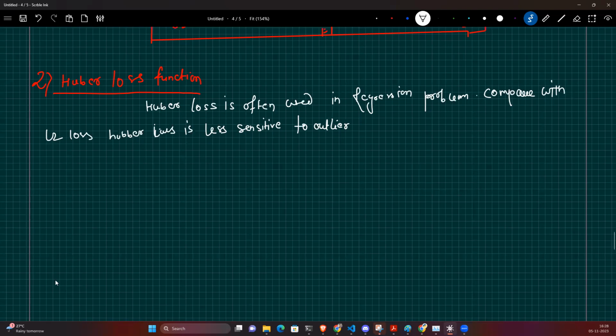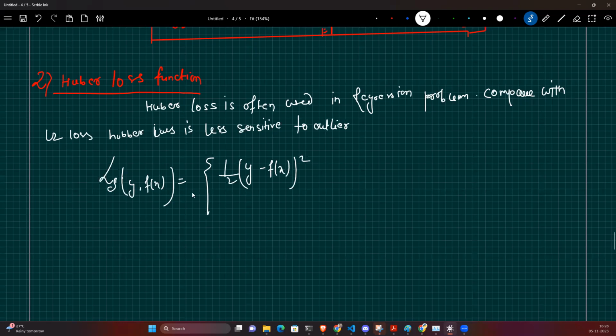So how are we going to calculate the Huber loss? We denote the Huber loss as L(y, f(x)), and calculate it like this: 1/2 (y minus f(x)) whole square for one case, and for the other case, delta times |y minus f(x)| minus 1/2 delta square. Delta is a set parameter.